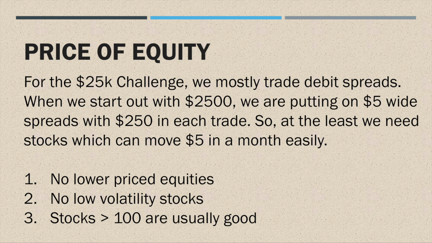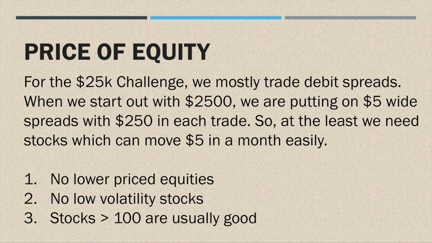So let's talk about the price. Why did I mention price in the selection criteria? For the 25K challenge, we start out with a really small amount of $2,500. So the kind of trades we can put on are very limited. A lot of people ask me, why don't you do credit spreads?